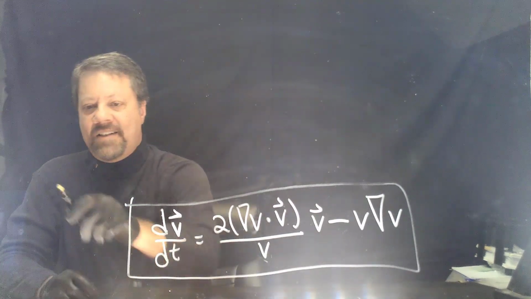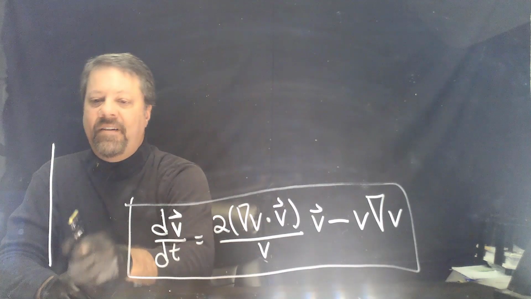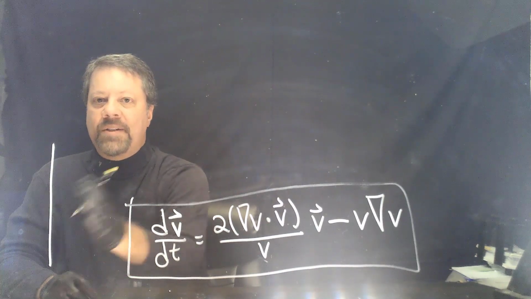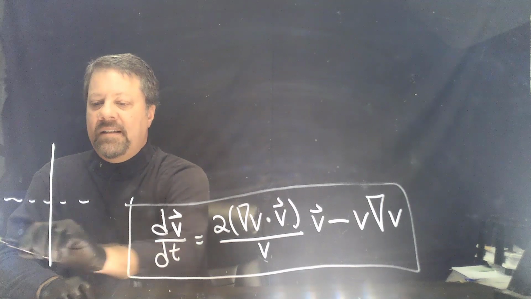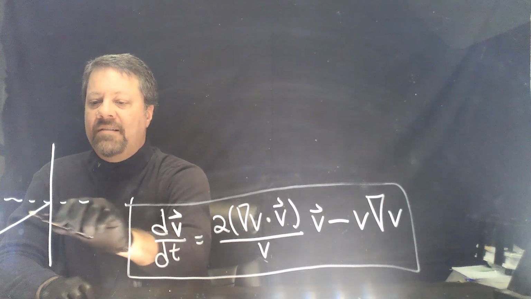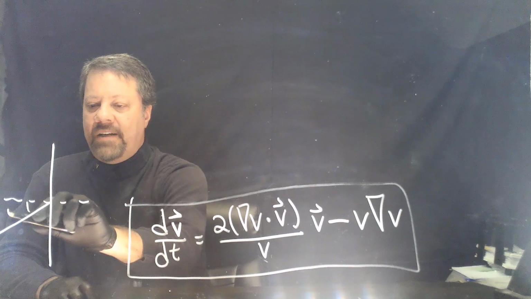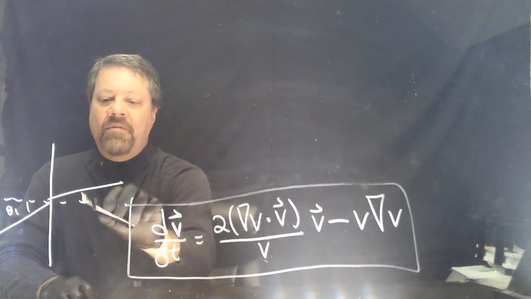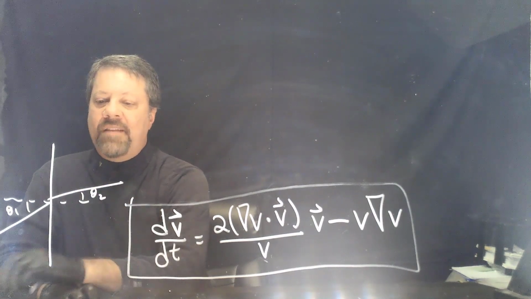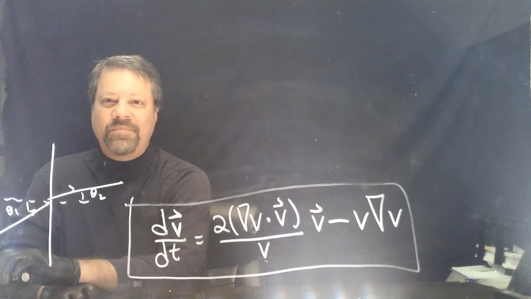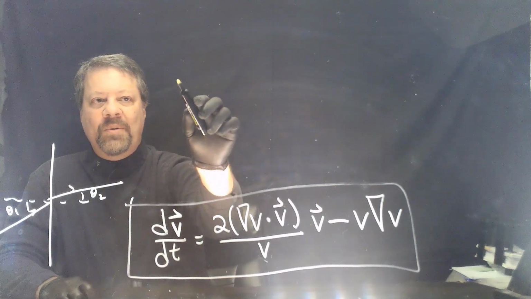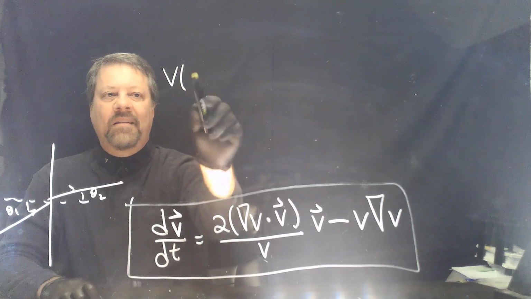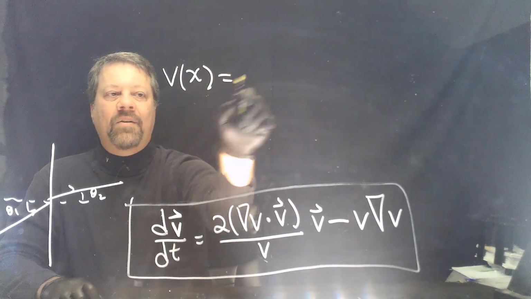In this case, we'll assume that we have a boundary between two substances having different indices of refraction. The light ray will come from over here with some angle theta 1 and depart at some other angle theta 2, like this. So we'll suppose that the velocity is a function of x alone.